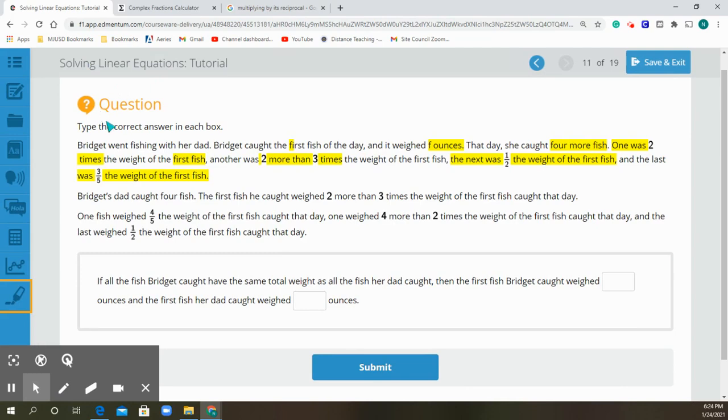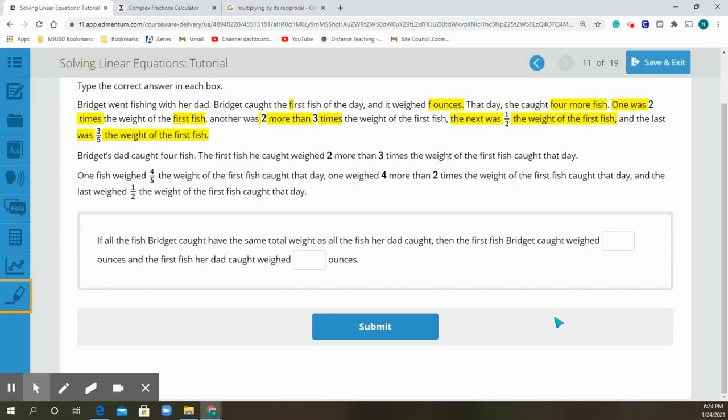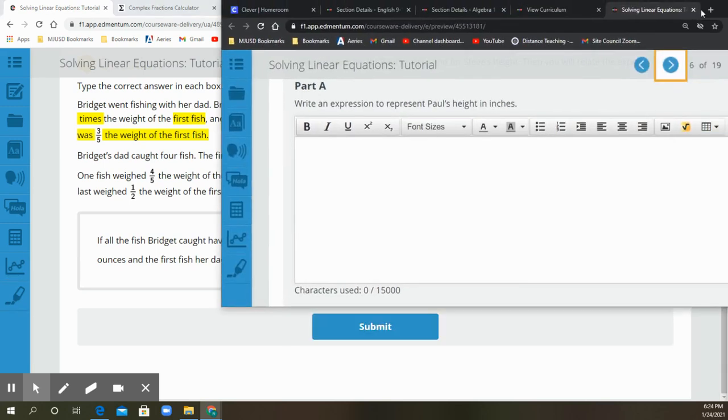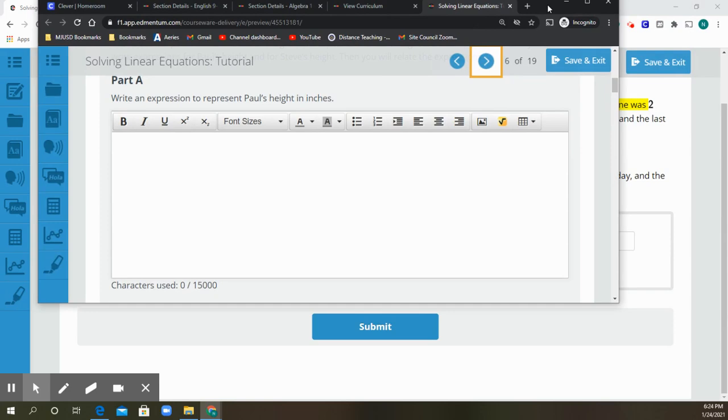In this problem, it gives us a ton of information and, unfortunately, nowhere to do the math. Without a scratch piece of paper or some sort of writing surface, unlike in the previous examples where we could write it out.